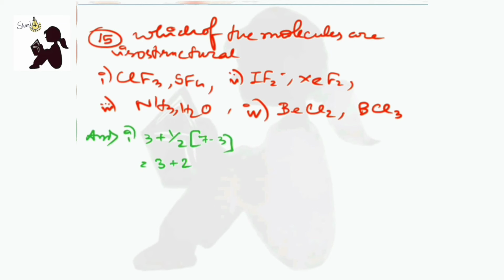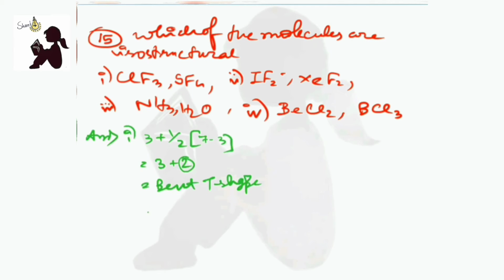So it will be 3 plus 2, so it will have 2 lone pairs here. So it will have a bent T shape. If you can't understand it, just see the chemical bonding video, where all of this is explained.